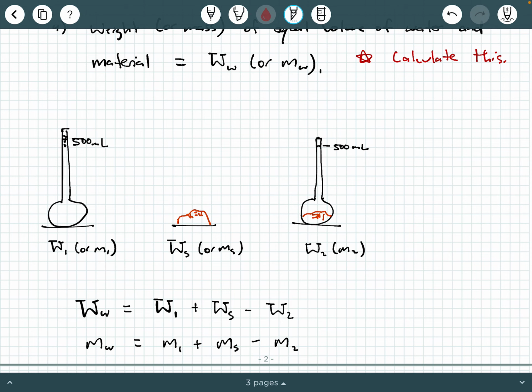Now, depending on which one of those different specific gravities you were calculating in construction materials, you may have slightly added or subtracted different types of measurements here, or your numerator of a fraction you're going to calculate may have been a little bit different. But essentially, it's a similar kind of calculation, whether you're looking at OD specific gravity, SSD specific gravity, or apparent specific gravity. So that should be a refresher to you.